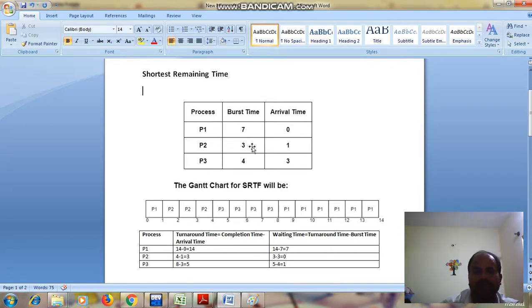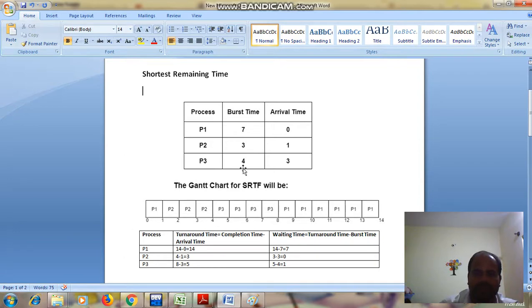The shortest is still P2, so P2 is allocated for the next 1 second also. Now P2 is completed, at the 4 second mark.